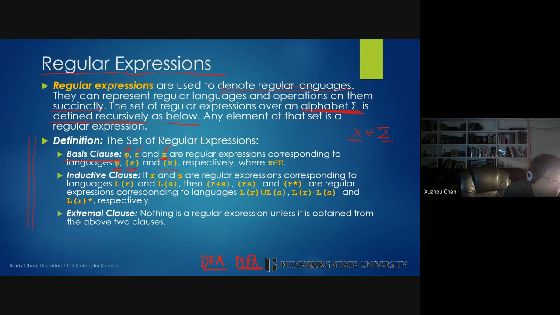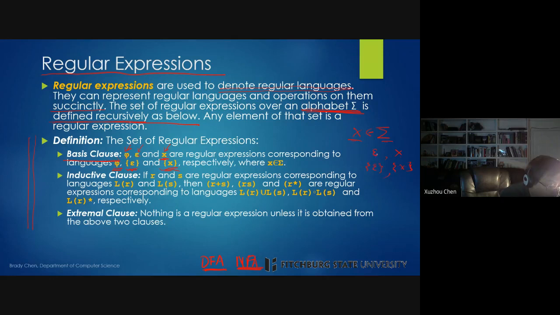And x is a regular expression in the set which contains only one element, that's x. So remember the difference. Epsilon is an element, x is also an element, but this is a set.